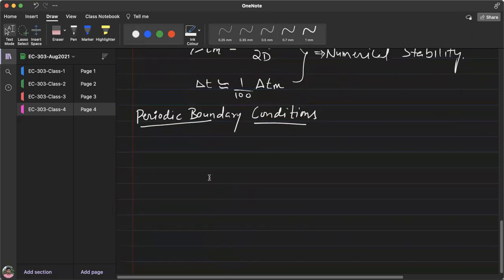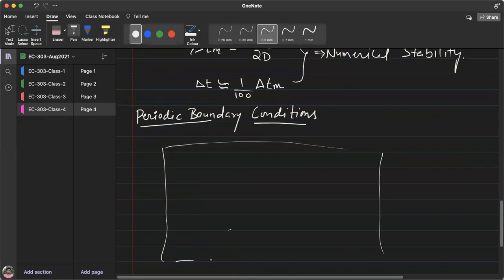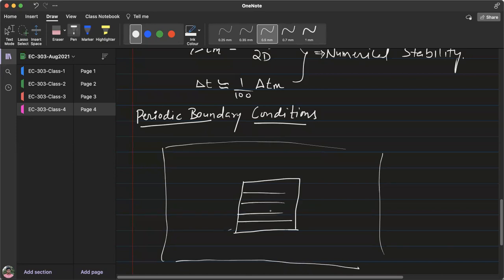Okay, so the idea of periodic boundary condition is this. There is a whole massive landscape, but what we are simulating in our equations is a very small landscape. That's the premise. So what I'm simulating is this smaller part of the much bigger landscape, and then I'm discretizing it in space where each grid is of the size delta x.